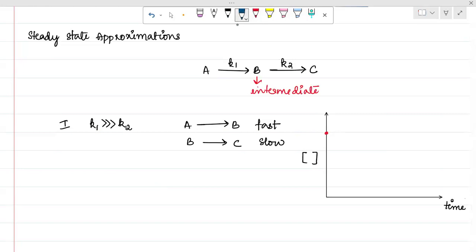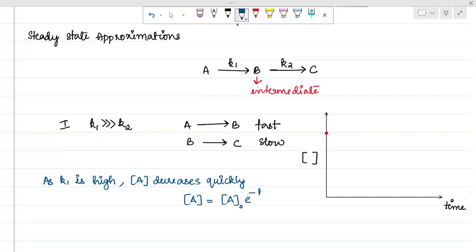If you want to write, please note it down: as K1 is high, concentration of A decreases quickly, and that happens exponentially as well. Why exponentially? Because concentration of A is equal to A naught e to the power minus K1 into t. Discussed in the previous session, revise. So A will decrease like this quickly.